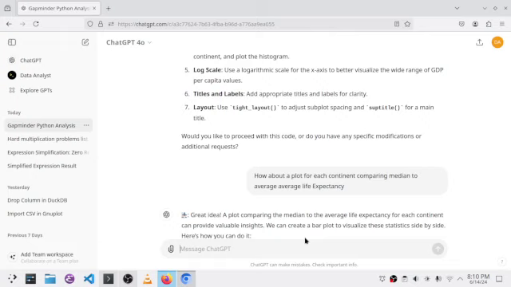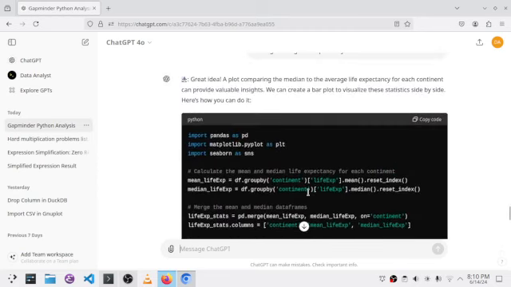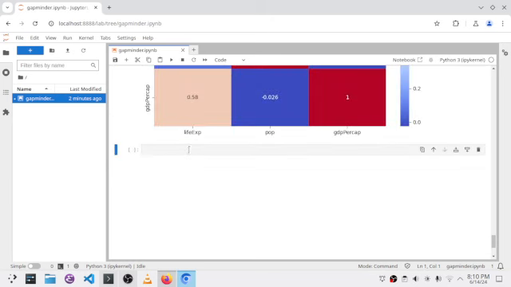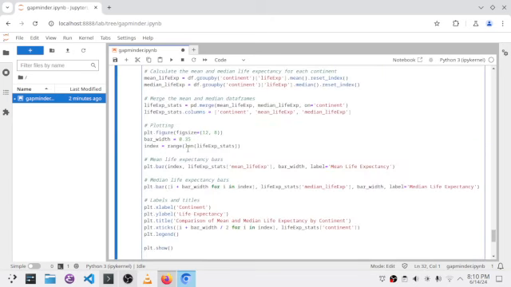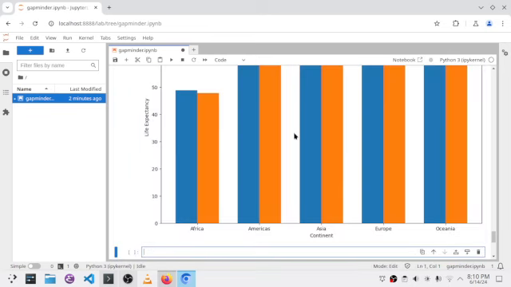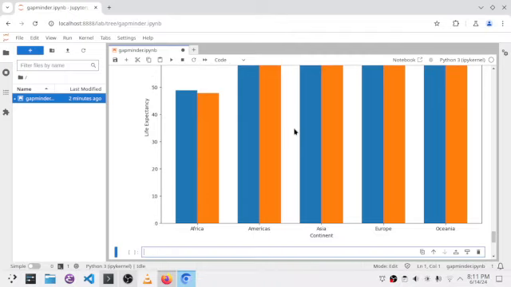Really? I've got a brain the size of a planet, and all you want to do is compare median life expectancy to average life expectancy. That's it? That's all you got to work with? Oh, that's okay. That's not bad.